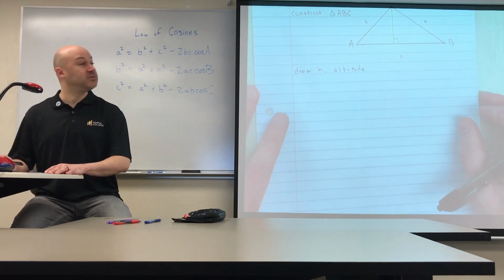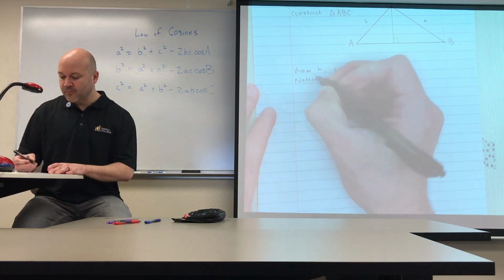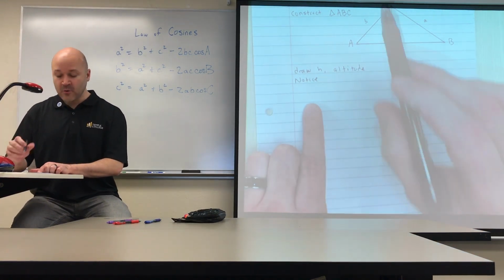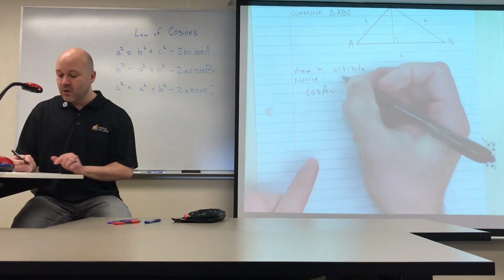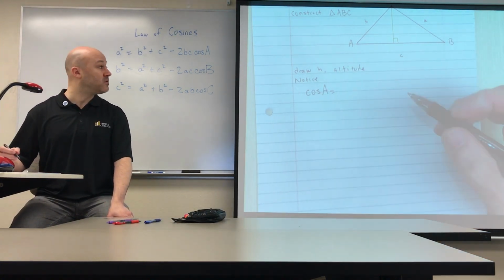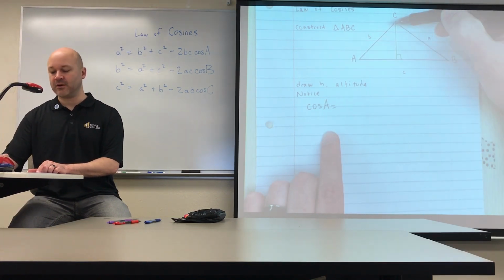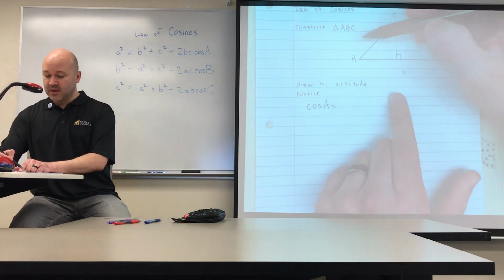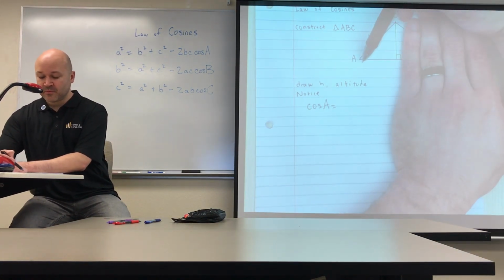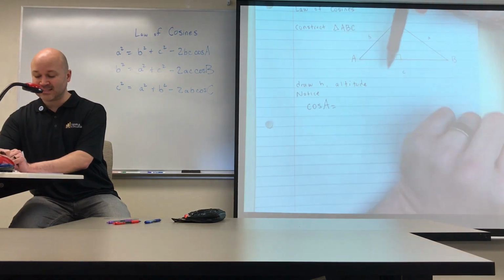Now, some things I'd like to notice. If I want to start talking about cosine of angle A, well, the SOHCAHTOA definition of cosine requires the adjacent side length over the hypotenuse. And at this time, I don't know the adjacent. The adjacent refers to the distance from angle A to where the altitude hits little c, or this line segment AB.